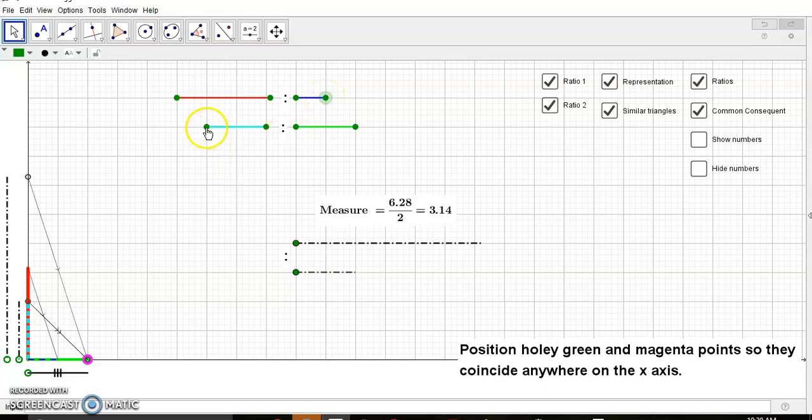Then this one here, let's make it somewhere there. If we show numbers, then this is still too large. There, that's better.